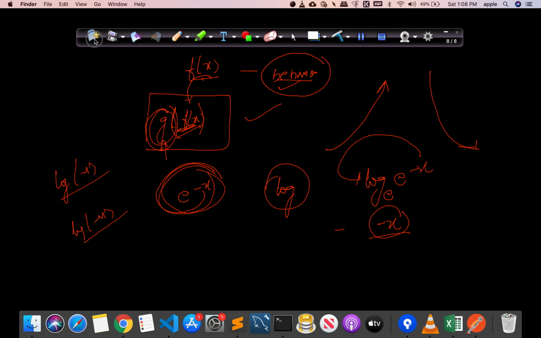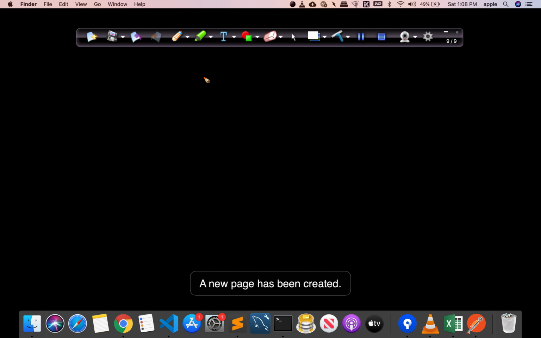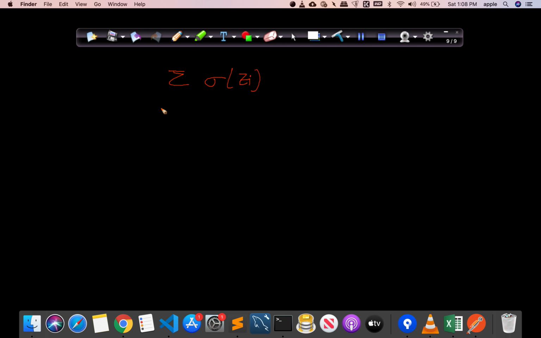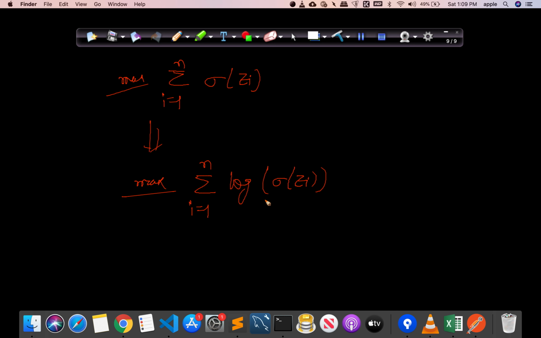Since the function that we were maximizing was the product over i equals 1 to n of sigmoid of zi, replacing this with the sum over i equals 1 to n of log of sigmoid of zi will not change the actual output that we are maximizing, because log x is an increasing function.